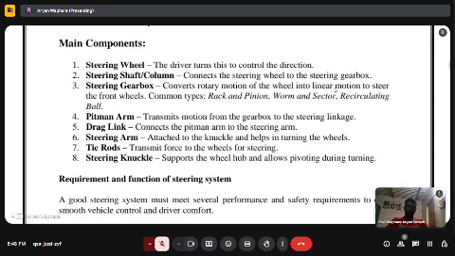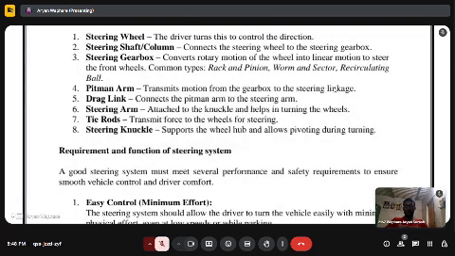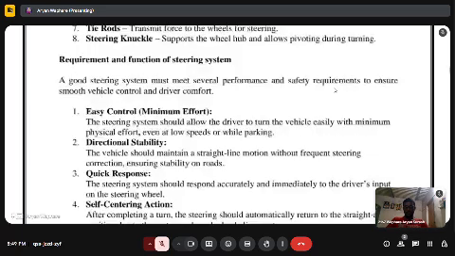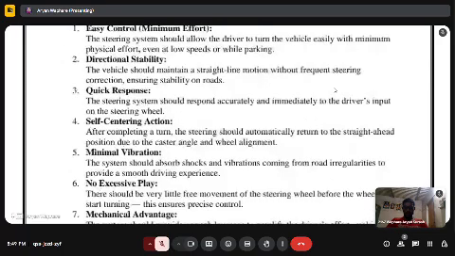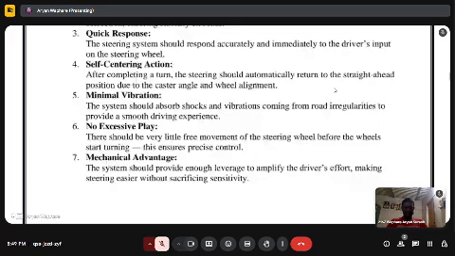Requirements and functions of steering system. A good steering system must meet several performance and safety requirements to ensure smooth vehicle control and driver comfort. It should be easy to control, with directional stability, quick response, self-centering action, minimum vibration, no excessive play, and other mechanical advantages.